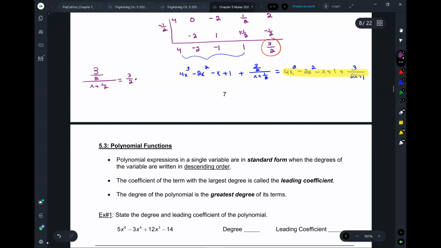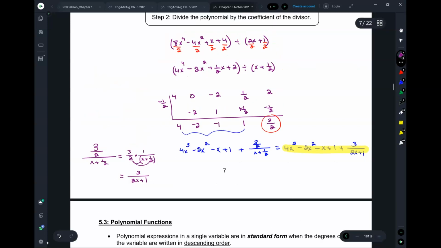Divided by x plus a half is the same as times 1 over x plus a half. Okay? Now, the numerator is 3. The denominator is 2x plus 1.